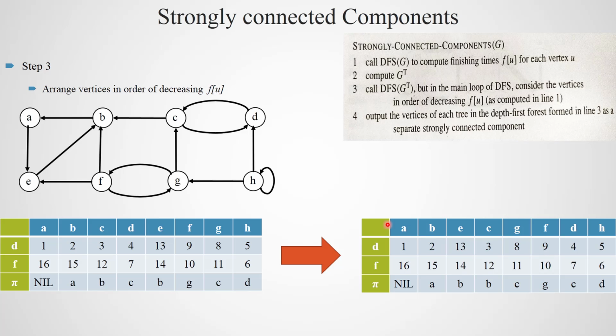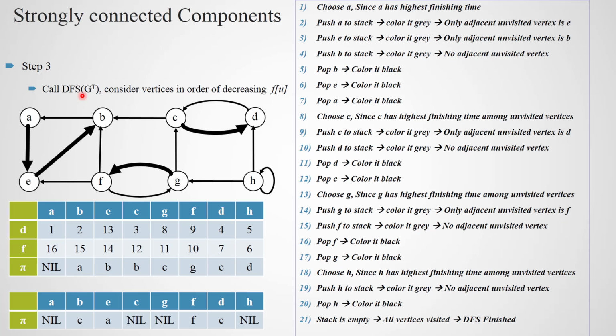So next I applied DFS on G of T. Here I choose the starting vertex as A because, in decreasing order of f of u, A comes first. So choose A since A has the highest finishing time.